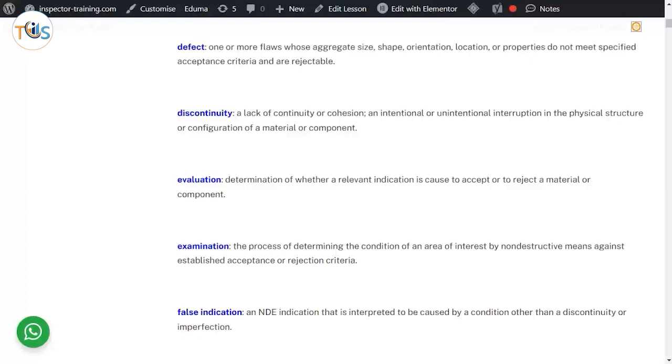Once you size the flaw, then you need to find out whether that particular discontinuity is acceptable or not. This process, to compare it with the acceptance criteria and accept or reject it, is called evaluation. And the sizing of the flaw, measuring the flaw, that's interpretation.